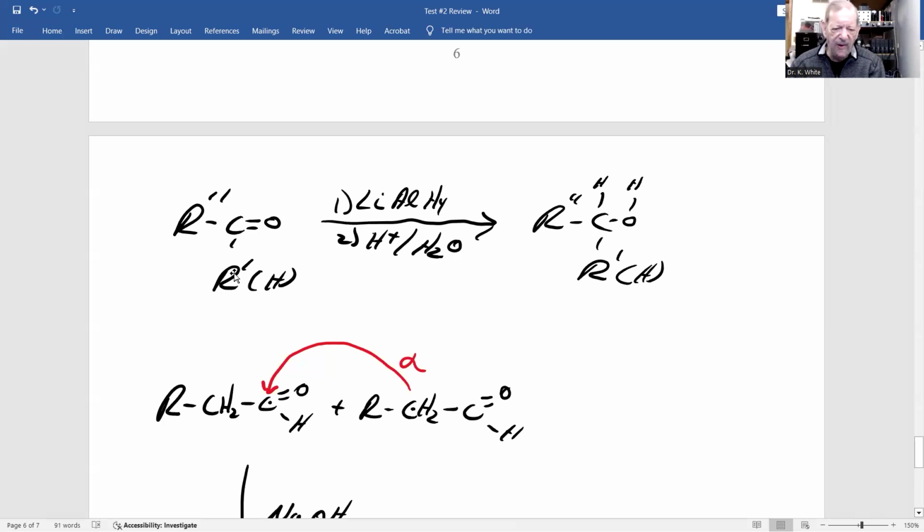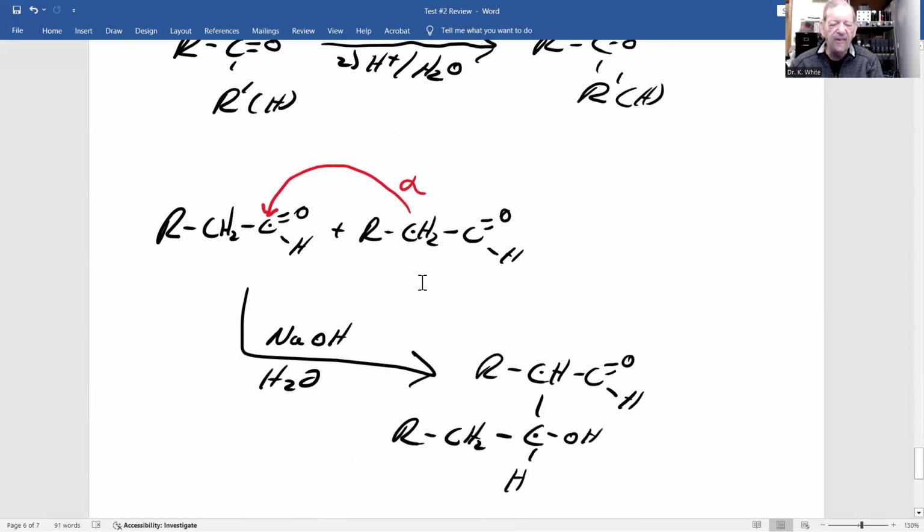Take an aldehyde or ketone and react it with first step lithium aluminum hydride, second step acid, H plus, and water. You get the same thing. You break the pi bond between the oxygen and carbon, and each atom gets a hydrogen. However, this reagent will not react with carbon-carbon double bonds, which makes it very useful, and I've used it.